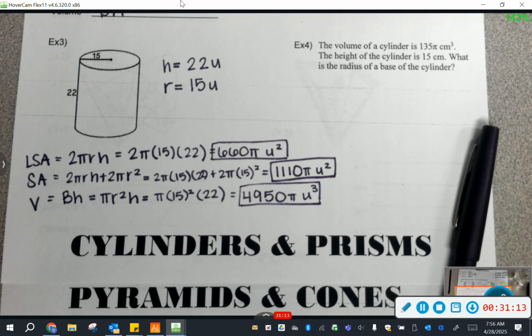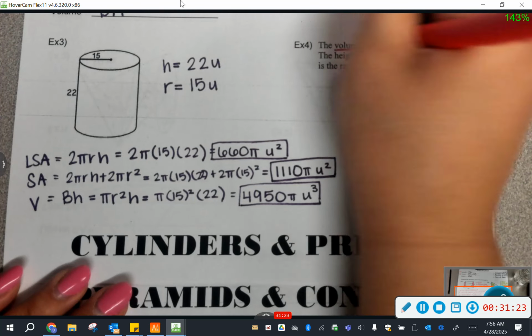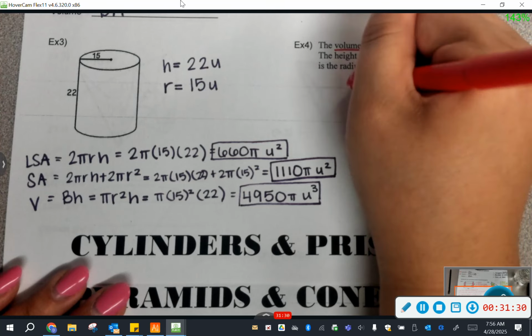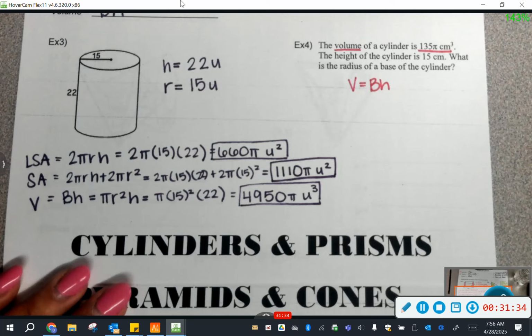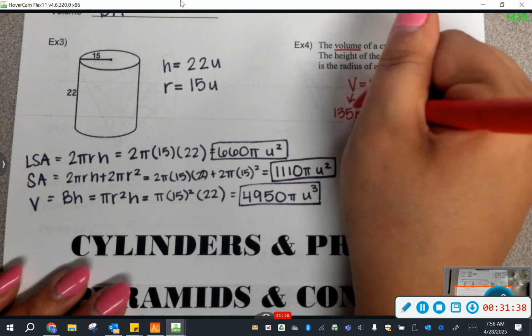Last but not least, this question says the volume of a cylinder is 135 pi centimeters squared. I am giving you this volume. Do y'all agree volume is big BH? I am telling you the volume is 135 pi.